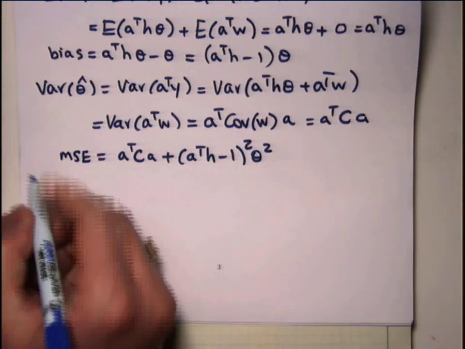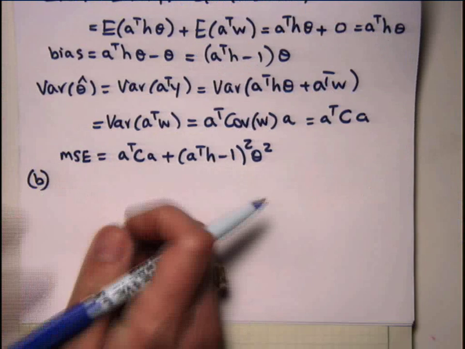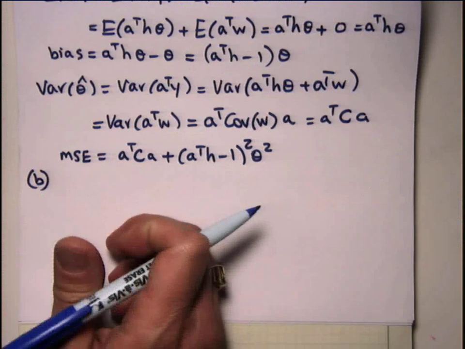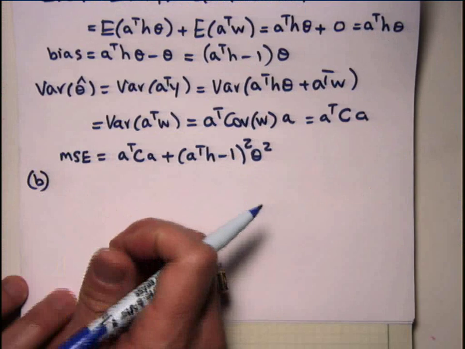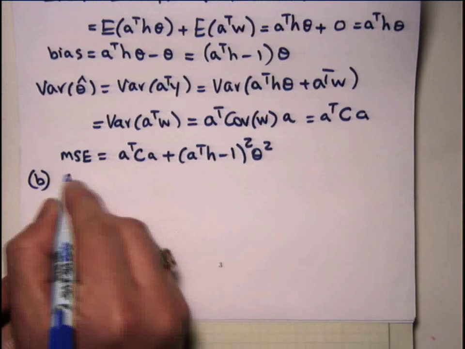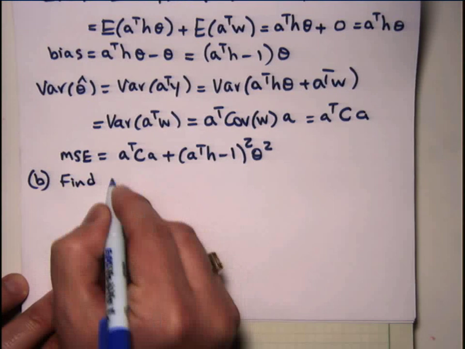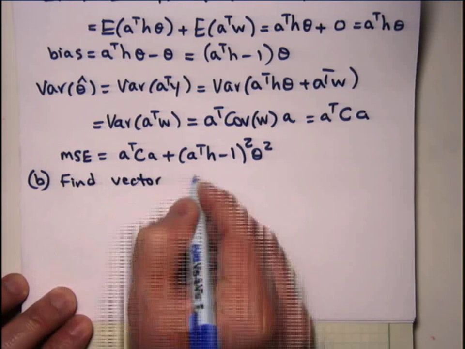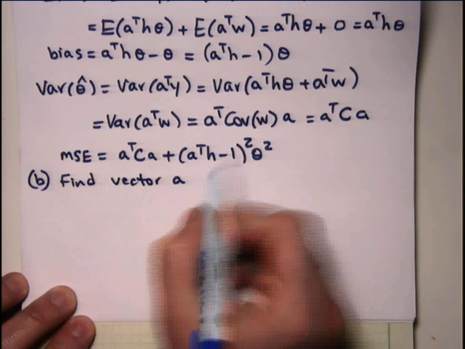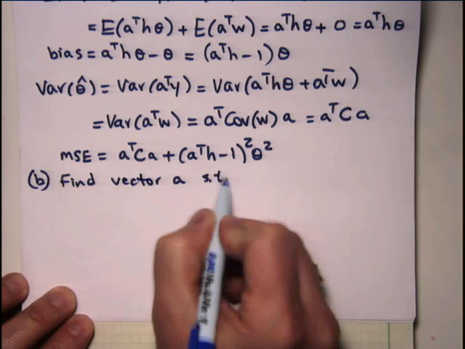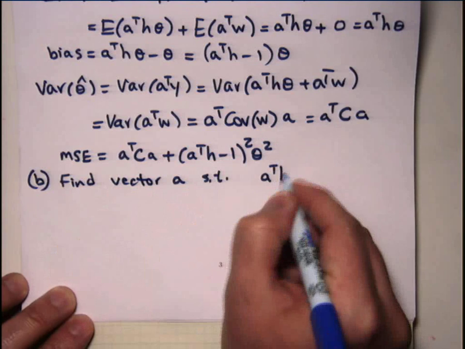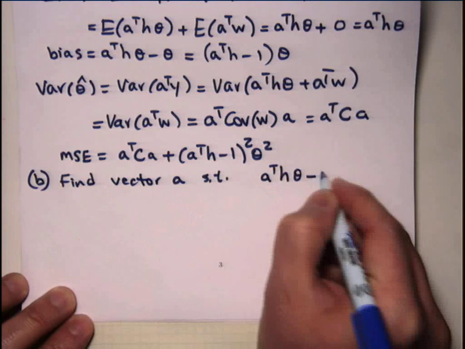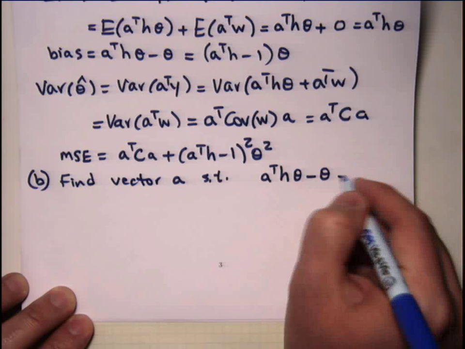Okay, so part B. What we're trying to do is to find the vector A such that A transpose H theta minus theta is equal to 0.